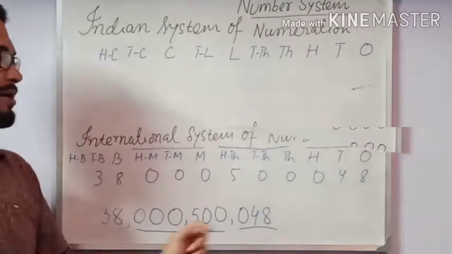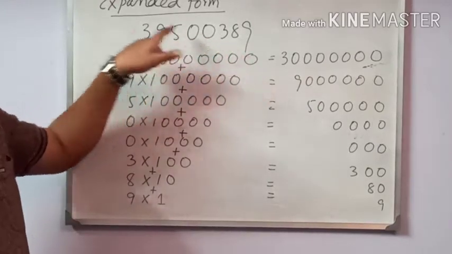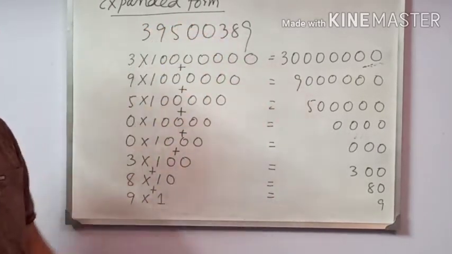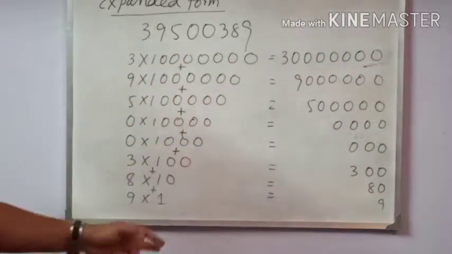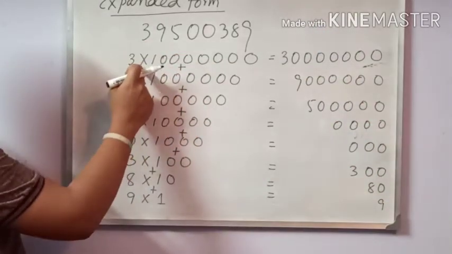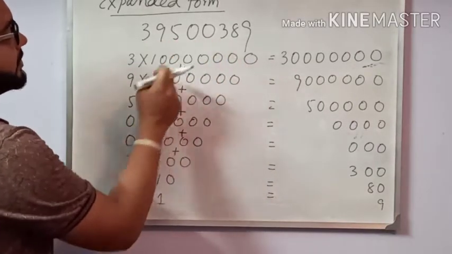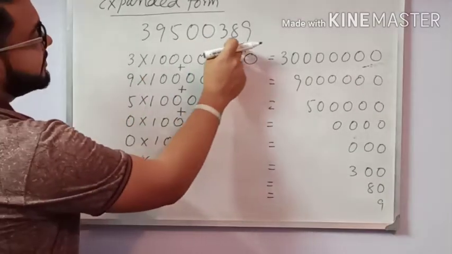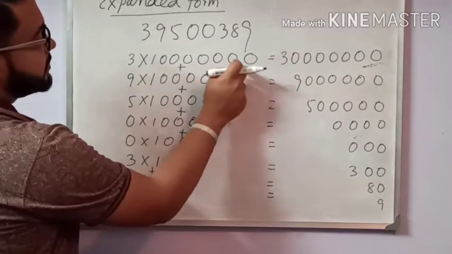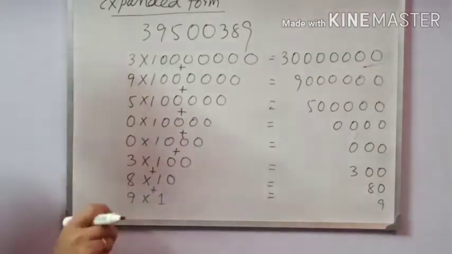Next, textbook questions. Write this number in expanded form. How can we write? Now don't see at the right part. See this one. 3 into how many digits are there after this 3? Just put 1 and there are 1, 2, 3, 4, 5, 6, 7 places.